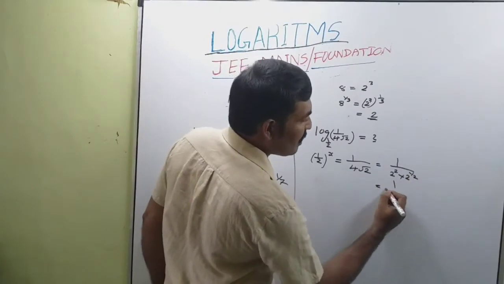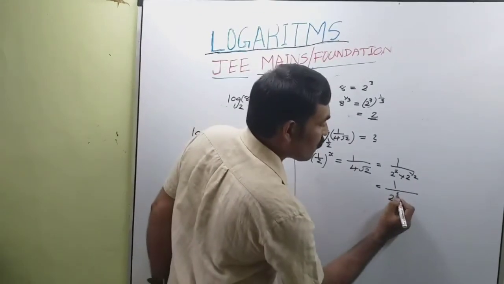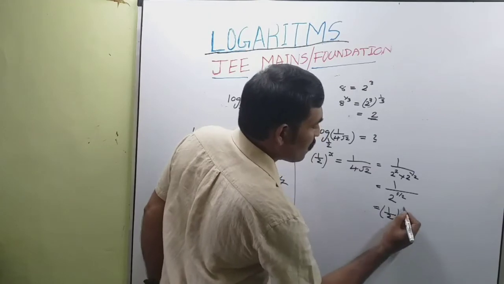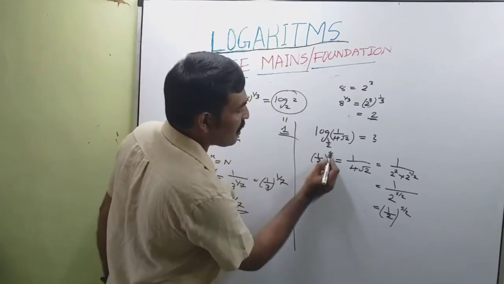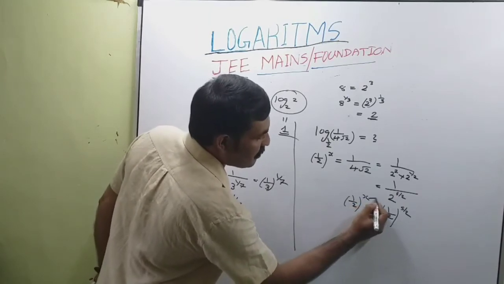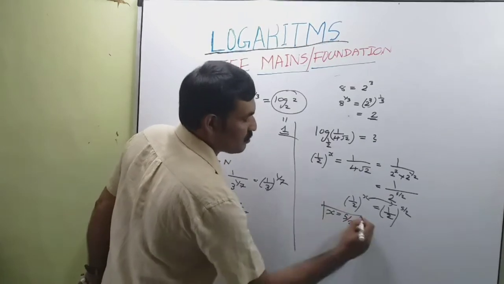So this is equal to 1 divided by 2 raised to 2 plus 1 by 2, that is 5 by 2, or 1 by 2 raised to 5 by 2. Now comparing the powers, here LHS is 1 by 2 raised to x, that indicates x is equal to 5 by 2.